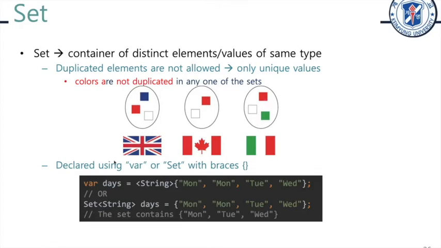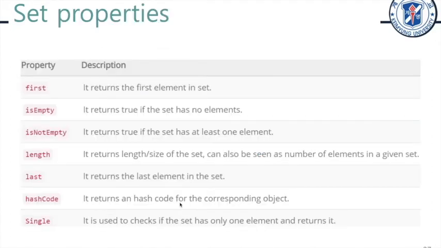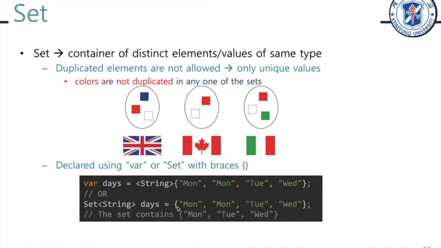You can declare a set using var or using the set keyword. To easily identify the difference between a set and a list, a list uses square brackets whereas sets use braces.